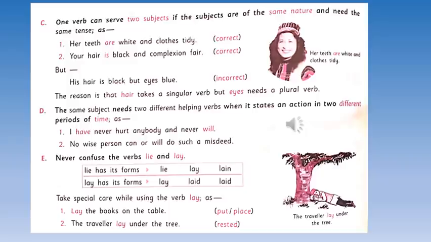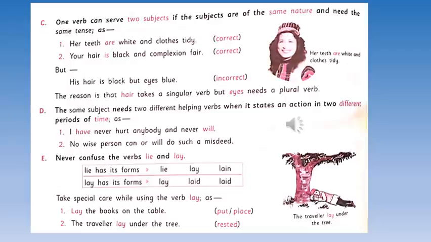I have never hurt, whatever happens, and on the other side what we are speaking about is in the future. So different verbs we need, have and will. No wise person can or will do such a misdeed. In the same way, no wise person can or will do such a misdeed.